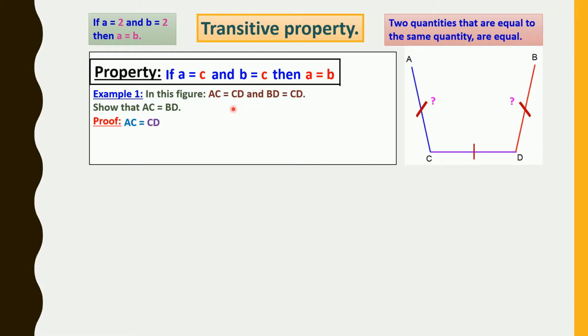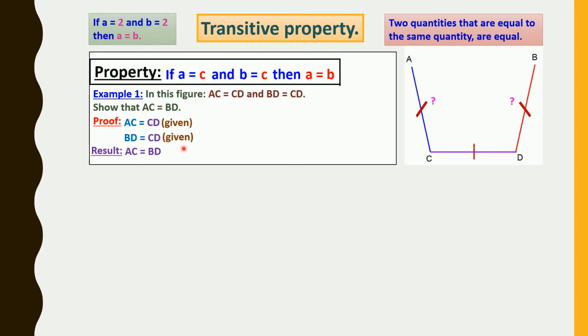It's straightforward evidence, so the reason is given. Also, BD equals CD. It's also straightforward evidence given. Result: AC equals BD because AC and BD are both equal to the same segment CD. So here we used the transitive property.